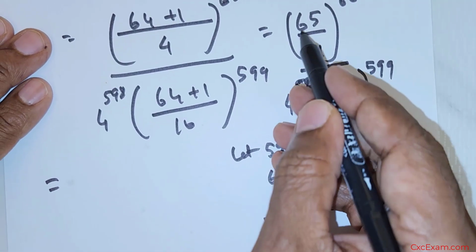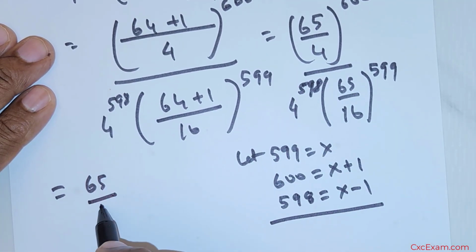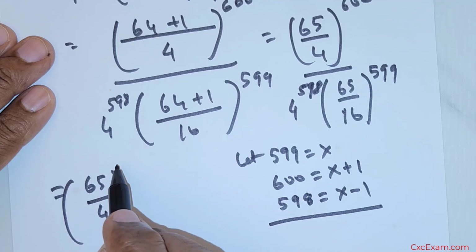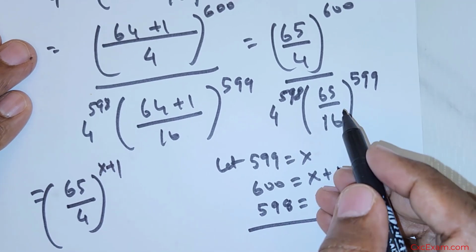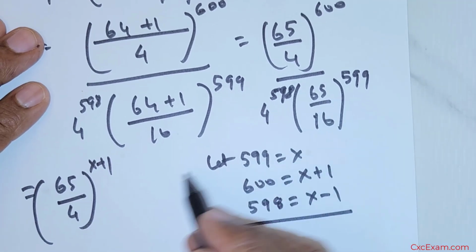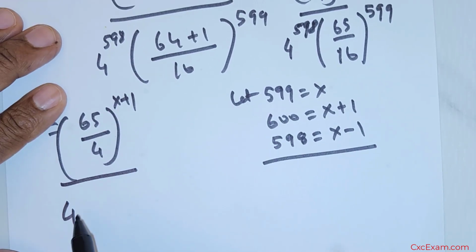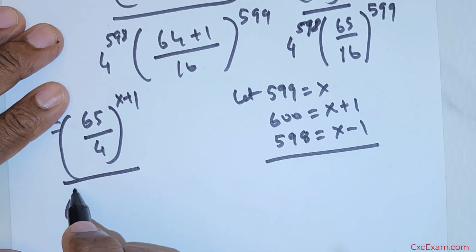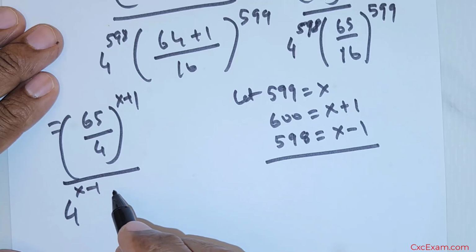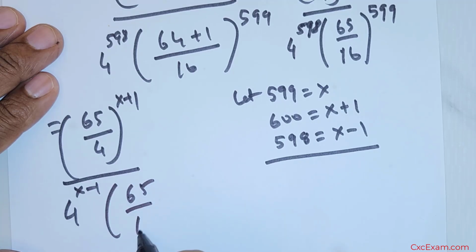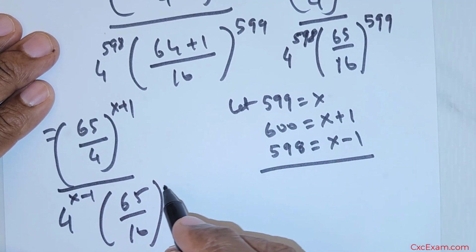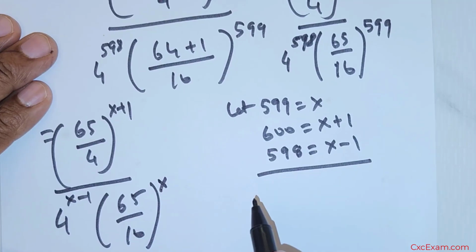So if you were to utilize this, it is going to be 65 over 4 raised to the power of x positive 1, and this is going to be 4 raised to the power of 598, which is 4 raised to the power of x negative 1, and this is 65 over 16 raised to the power of 599, which is x.